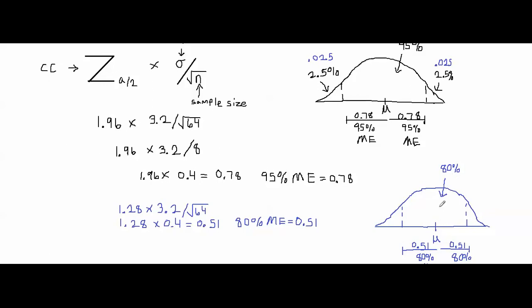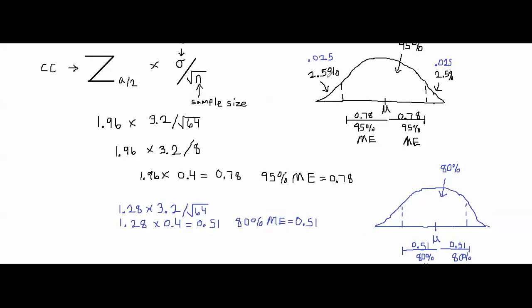And if 80% of the possible samples are in here, that must mean that 20% of the possible samples are outside of this area, because 80 plus 20 is 100, and half of that 20% is down here, and half of that 20% is up here. So we're going to have to divide 20 by 2 to find out what these two tails are.